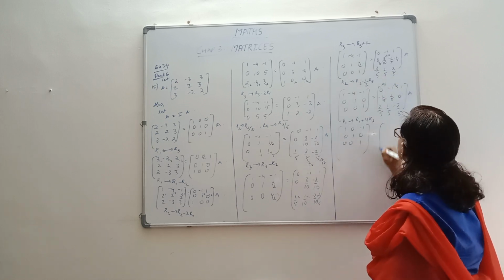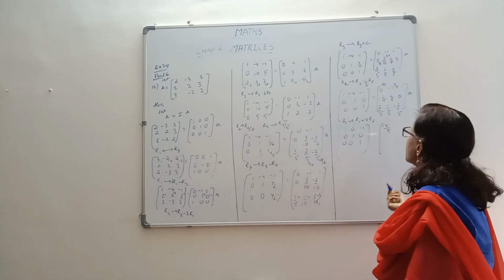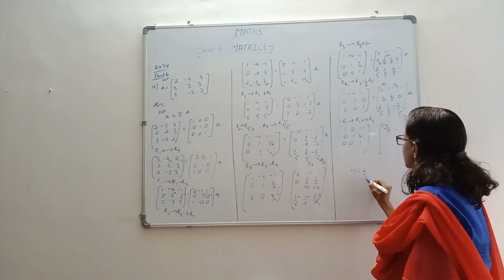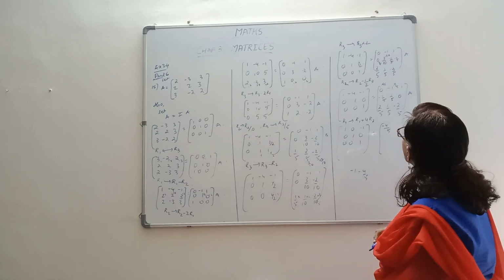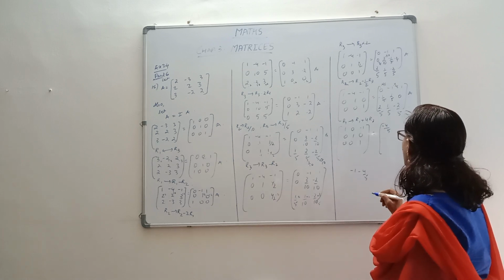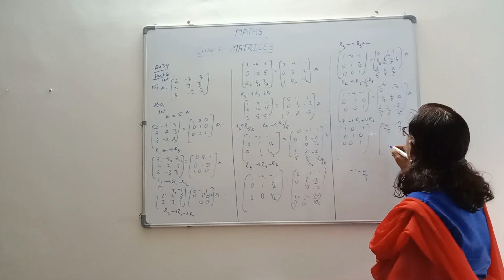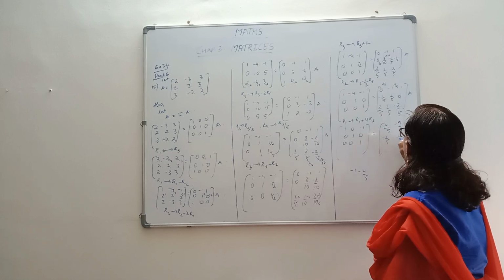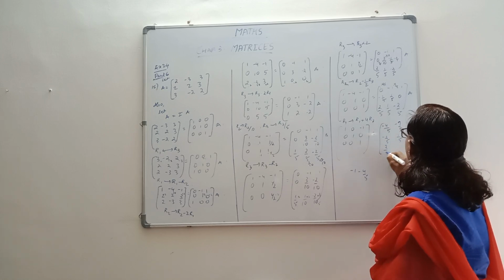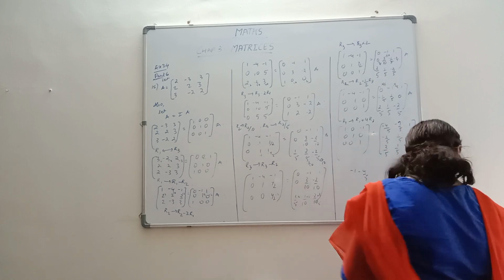That's all. So this is minus 4 by 5, minus 1, minus 4 by 5. Minus 9 by 5 and 1. Minus 1 by 5, 1 by 5, 0, 2 by 5, 1 by 5, minus 2 by 5.